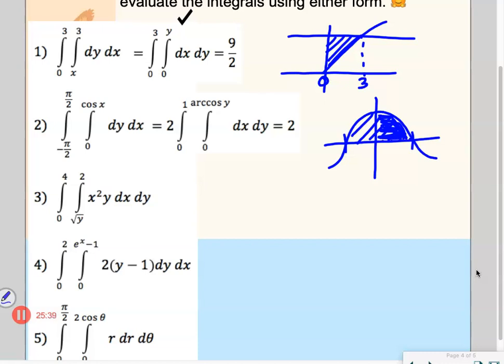That'll generate all the ordered pairs. Going in reverse, we're going from this function to this function, but what numbers do we plug in? We plug in all the y values starting at 0 and ending at 1 in order to generate all these ordered pairs. The outside one's always 2 numbers. Yes, it's the lowest number you would plug in up to the highest number you would plug in. Yes, good. Any other questions on that one?